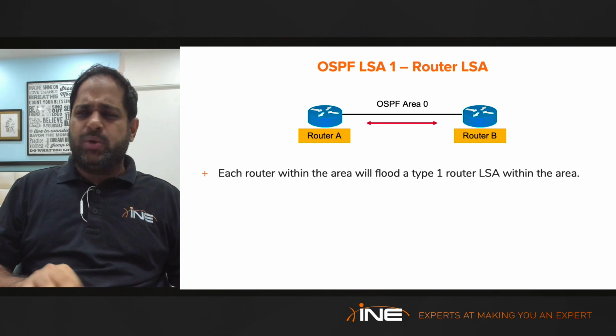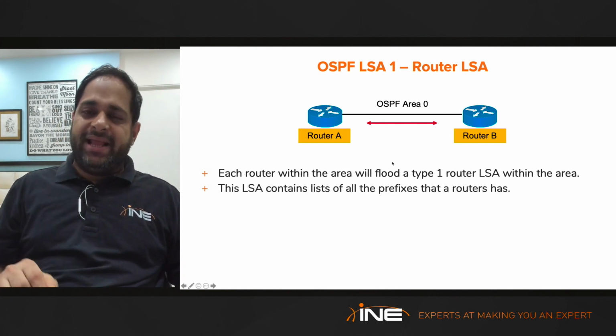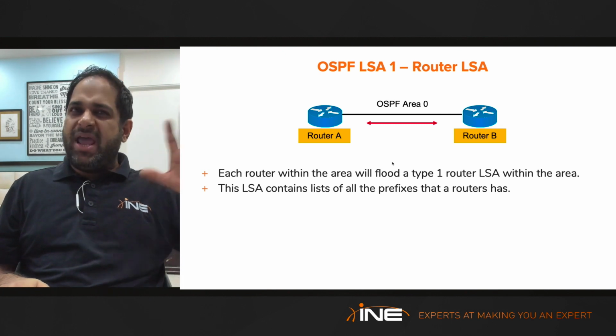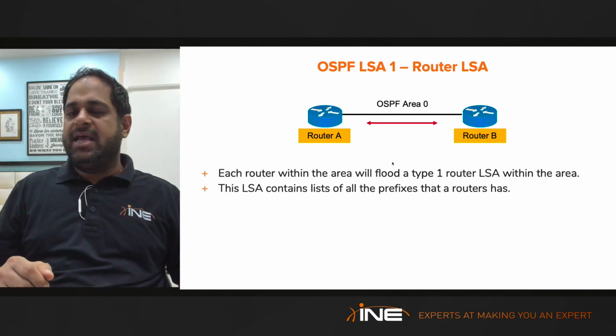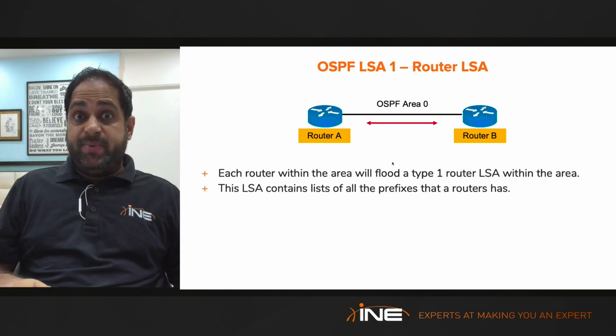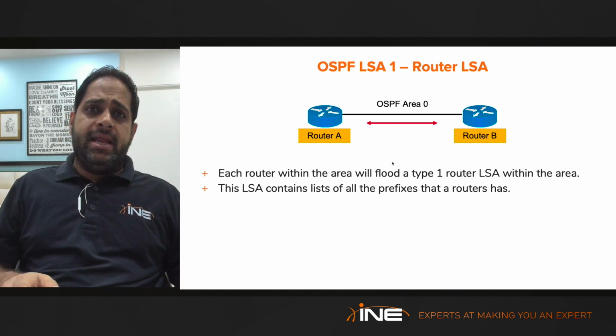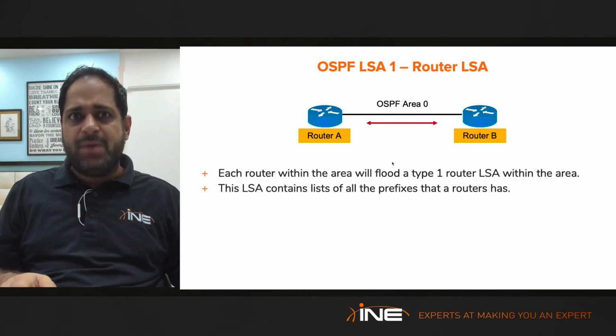And so what exactly does this LSA actually contain? Well, LSA1 contains prefix information. Let's say I have a router that has 3 interfaces and all those 3 interfaces are running OSPF. In that case, that router is going to generate LSA1, and that LSA1 would contain the 3 prefixes that it's advertising.